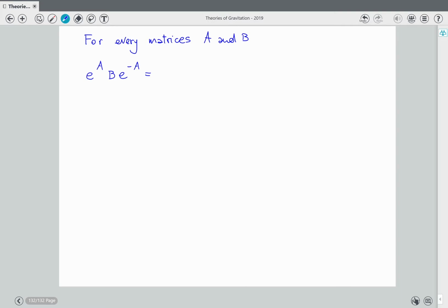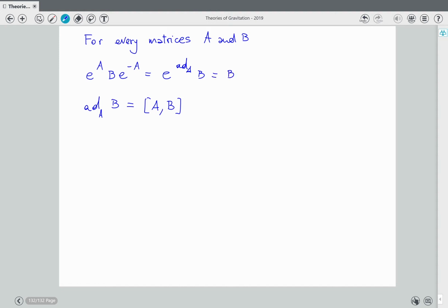Let me write it like that: e to the adjoint of A. It's like an operator, the following operator that takes the matrix B and commutes it with A. So when you expand this exponential, you get commutators of commutators of commutators.